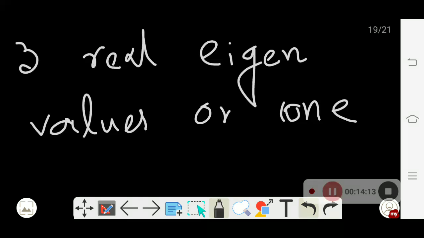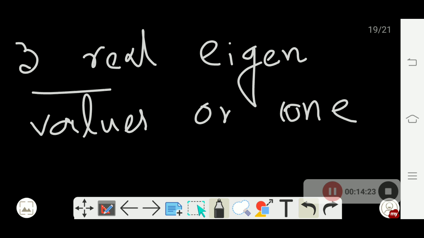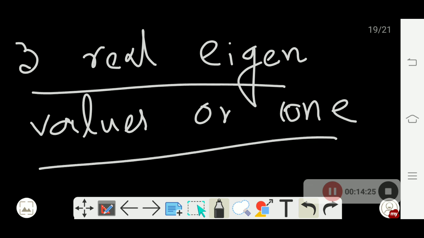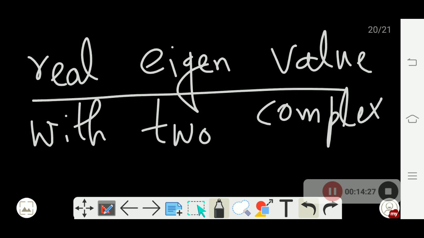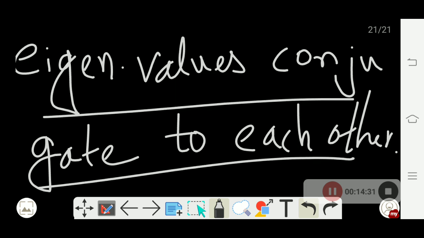So what is it saying? A real 3x3 matrix can have 3 real eigenvalues, or one real value with 2 complex conjugate eigenvalues. There is a real matrix, all real entries.